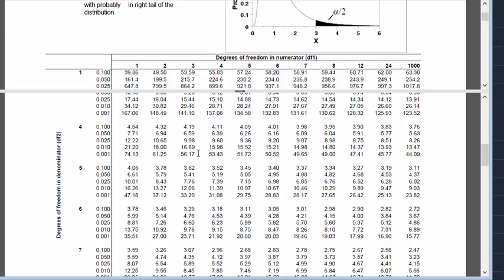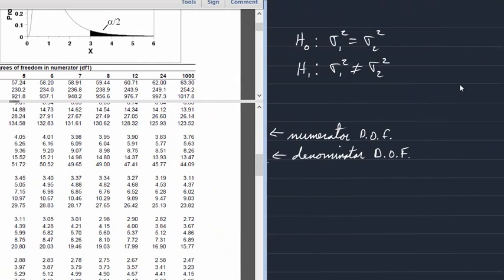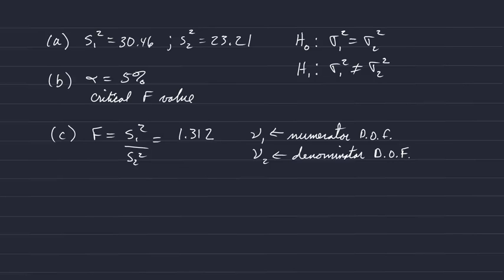The tables show the values of F. And the columns show the degrees of freedom in the numerator. In our case, we had 9 degrees of freedom in the numerator. Oh, I didn't tell you that, did I? I should have told you that. That was equal to 9. And we have 9 degrees of freedom in the denominator.